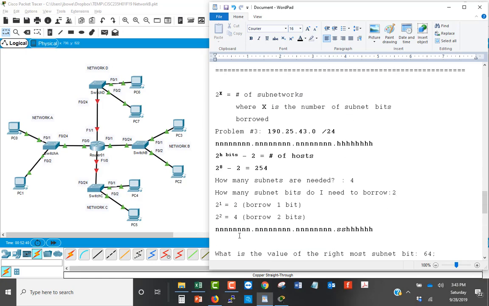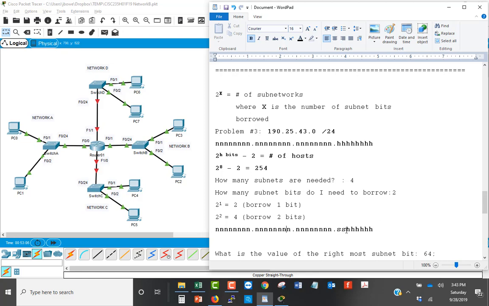Now our subnet mask looks like this. And really, this is very much like the previous problem, where we now have 26 subnet bits that are set, and we only have 6 host bits.